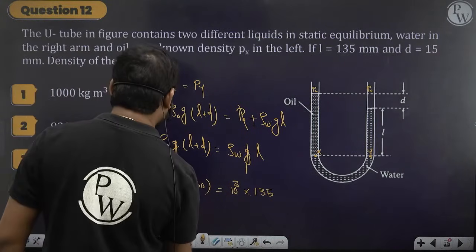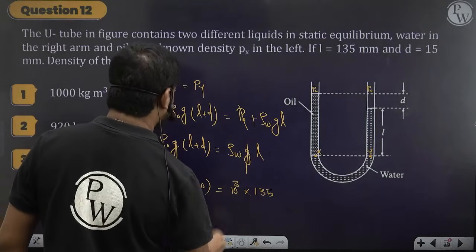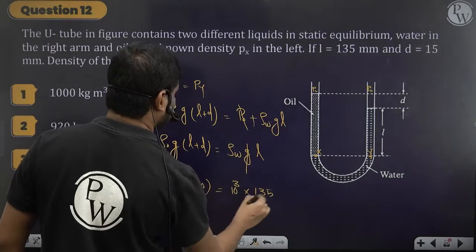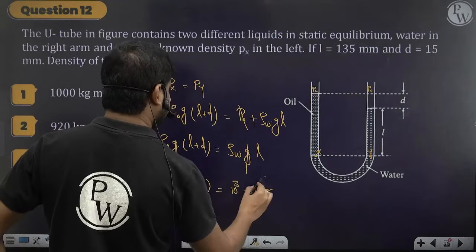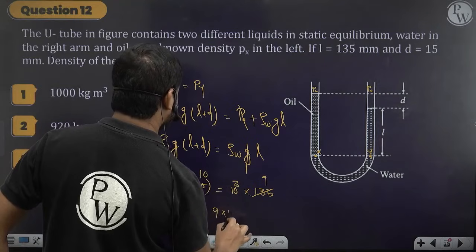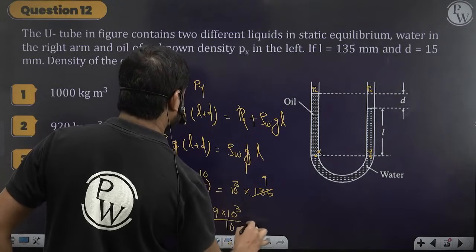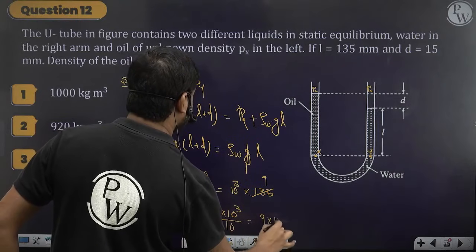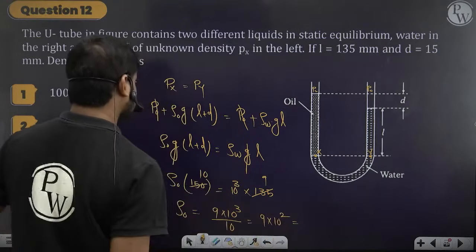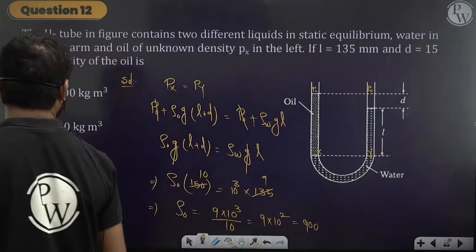Then I need the rho of the oil. So what will I get here? 15 nines are... 15 tens are... yes, so 9 into 10 to the power 3 by 10, so 9 into 10 to the power 2, which comes to nearly 900.